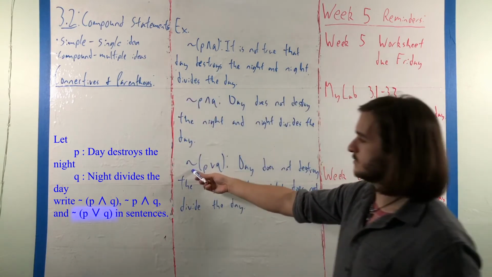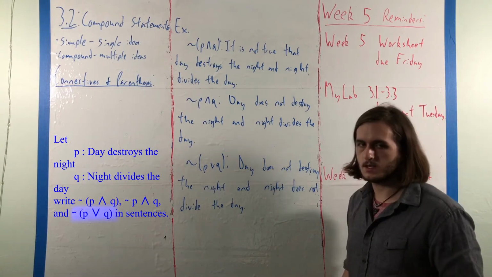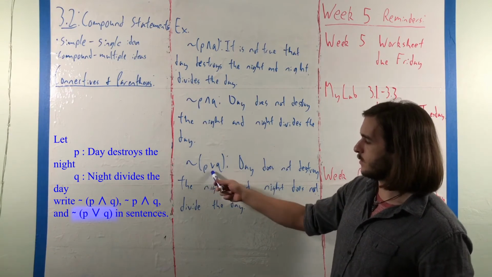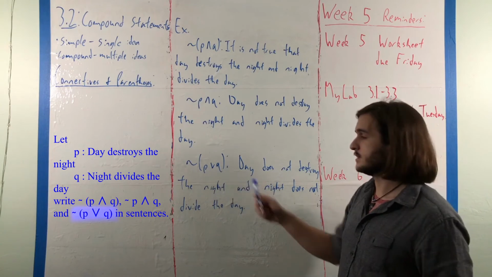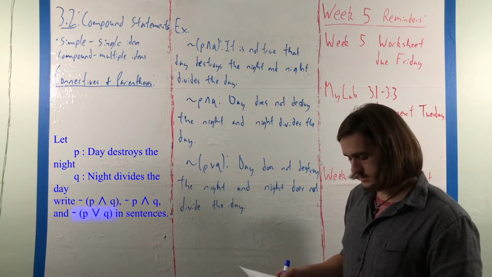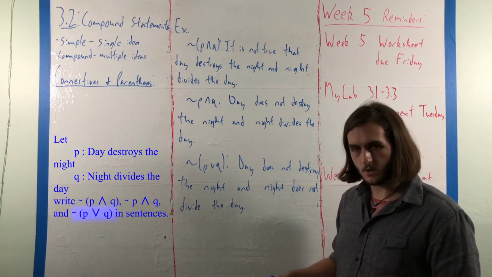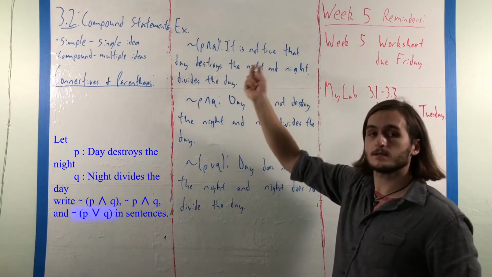This type of thing here, where we're negating a group, works a lot like De Morgan's laws did when we were talking about set theory. So we could take P or Q. If you negate the whole thing, it becomes not P and not Q. Another way that we could write this, if we want to be a bit more literal, is it is not true that day destroys the night or night divides the day. That would be following an "it is not" type of argument.